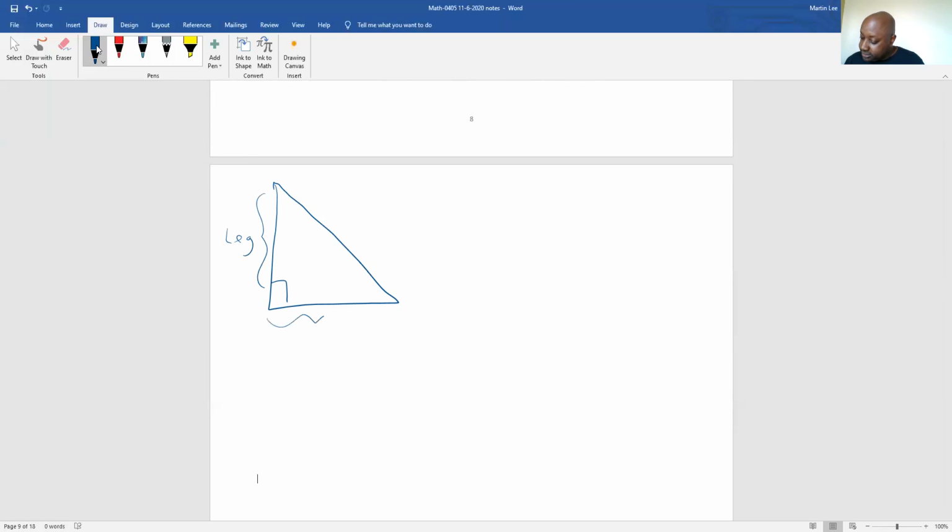This side is your second leg, and then the longest side of the triangle is the hypotenuse. And they're usually given some letter. This side may be A, this side will be B, and the longest side is usually given by C.